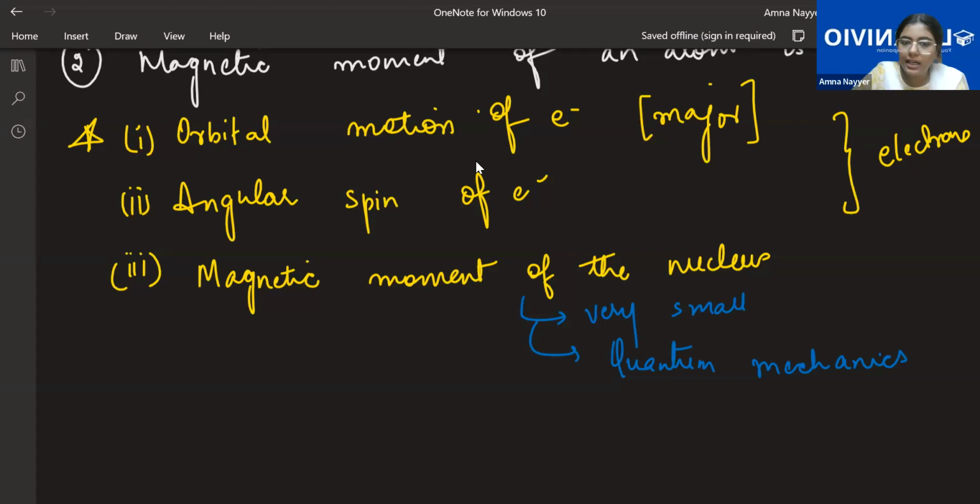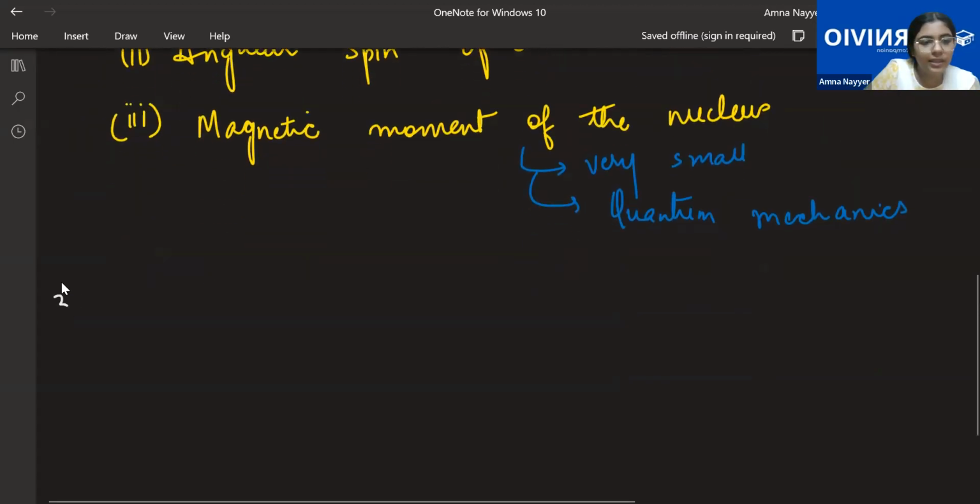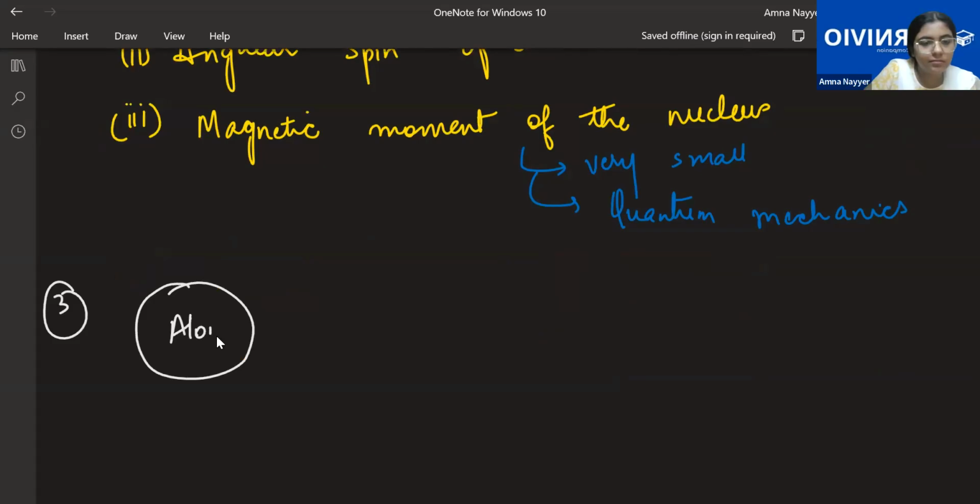And remember one thing: when we have the magnetic moment of an atom, if I have an atom and I am saying its magnetic moment is m, this is the net magnetic moment due to all the electrons that are present. It doesn't mean you're talking about a single electron.